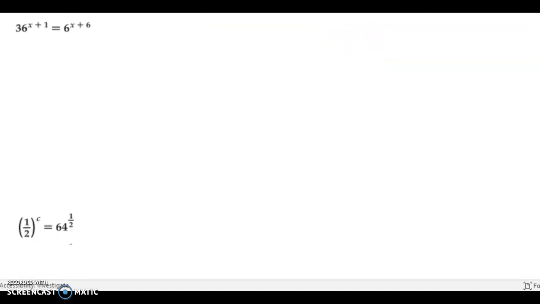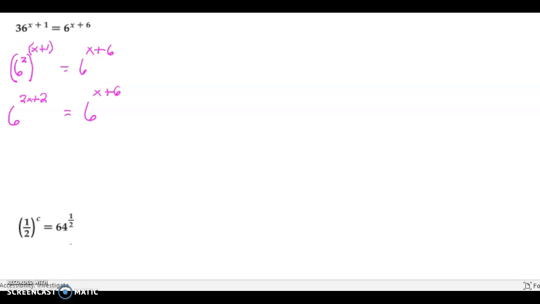So here's one. I would start this problem by noticing 36 could be rewritten as 6 squared, and I still have the x plus 1 power equals 6 to the x plus 6 power. What we talked about yesterday, when we have a power to a power, we multiply our powers. So that would be 6 to the 2x plus 2 power equals 6 to the x plus 6 power.